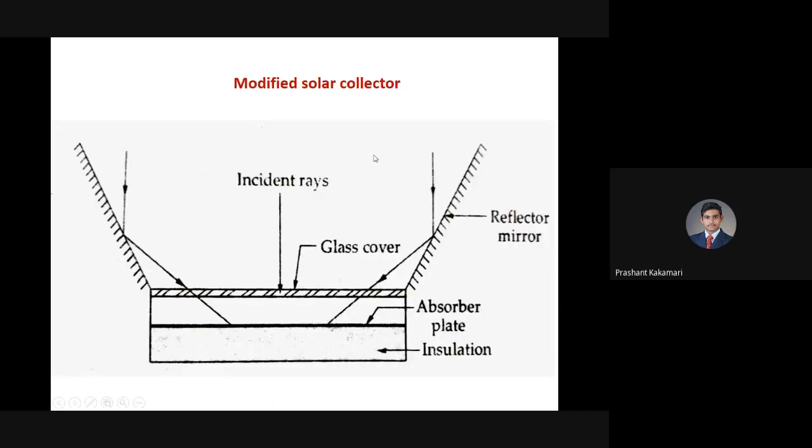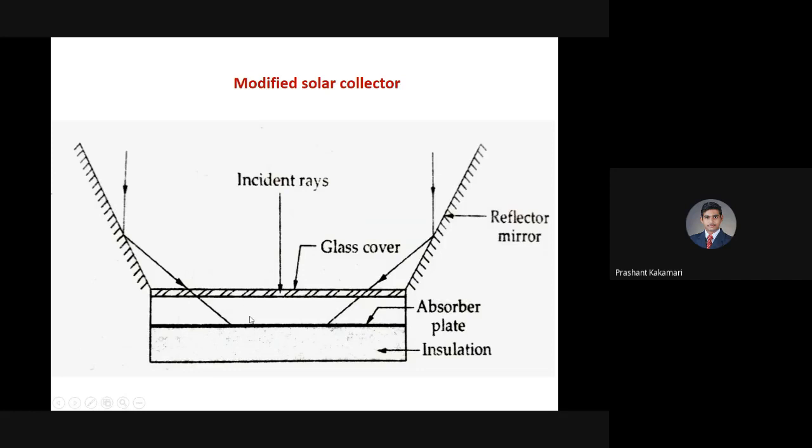Also, in the last class we discussed the modified solar collector, or concentrating flat plate collector. By using more reflectors apart from a conventional air heater, as many as possible, we can improve the reflections onto the same absorber plate.